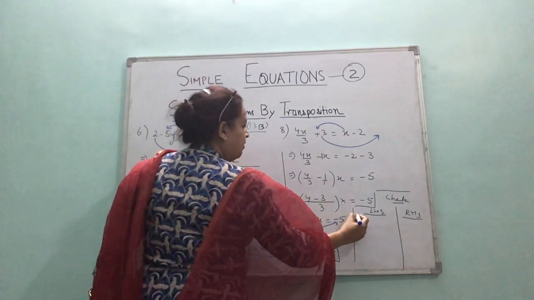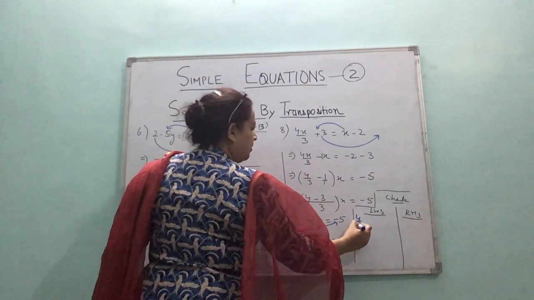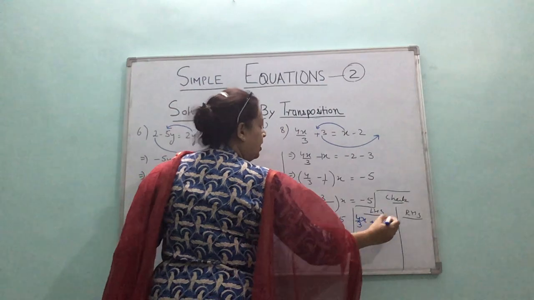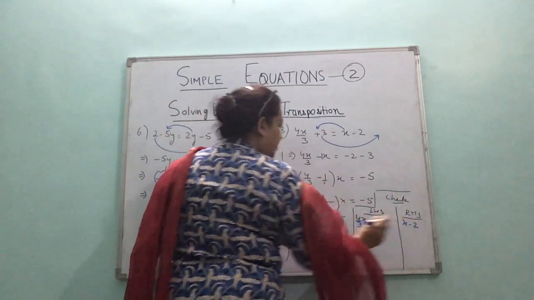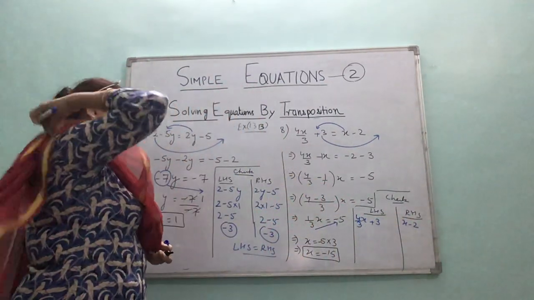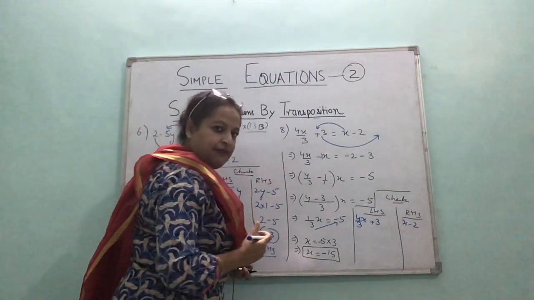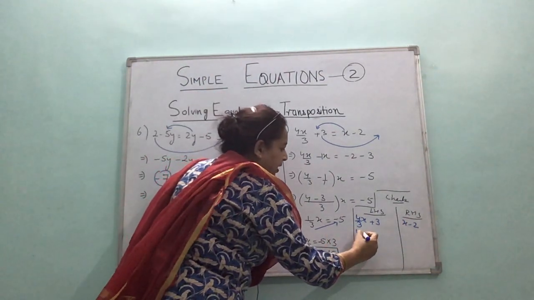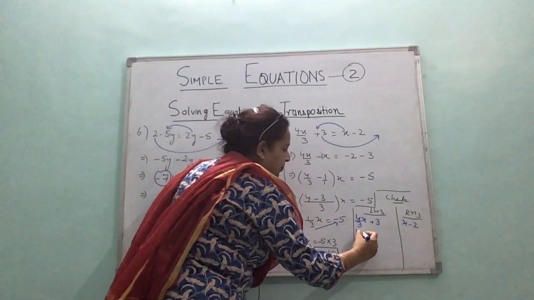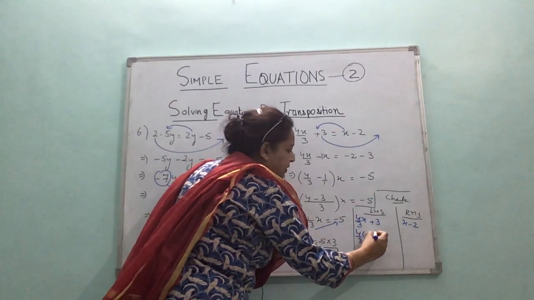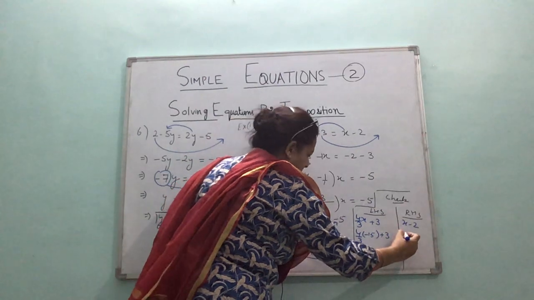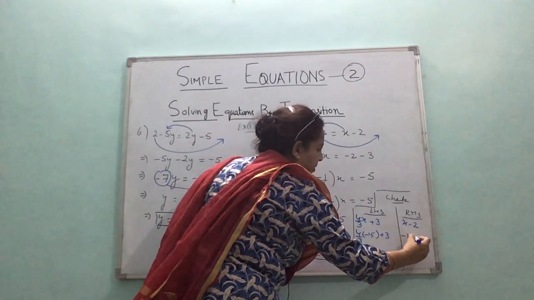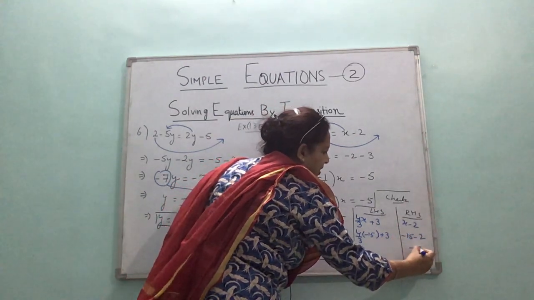So it is 4x by 3 plus 3 and is x minus 2. Now wherever the value of x is there, I am going to put minus 15. So 4 by 3 into minus 15 plus 3 and it is minus 15 minus 2. This side comes minus 17.